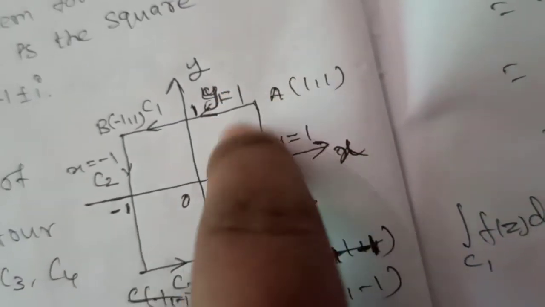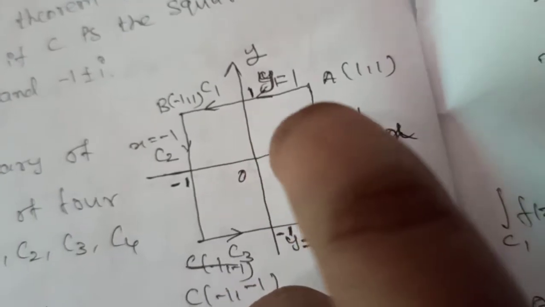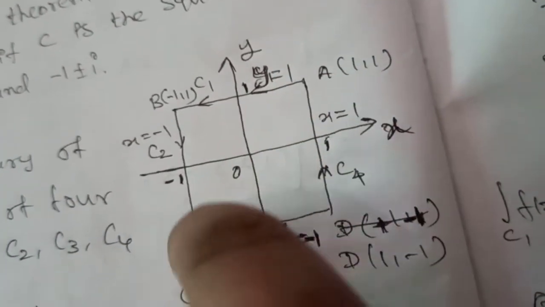First draw the x-axis and y-axis. Next, the real axis is given plus 1 and minus 1, and the imaginary y-axis is given plus 1 and minus 1.